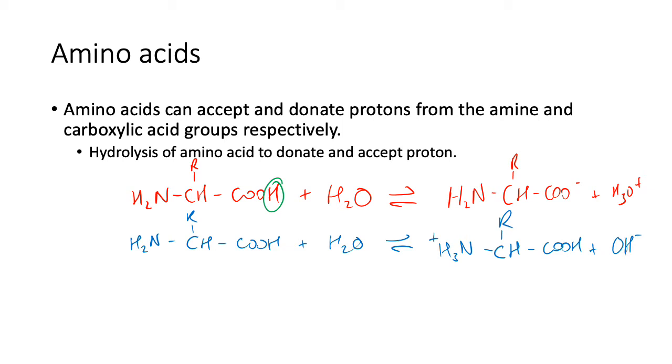You can see there's an extra hydrogen here. Also notice where I put the charges. You place the charges wherever the actual charge is, because we'll talk about that later when we go to zwitterions. So that's the way this amino acid can donate and accept protons.